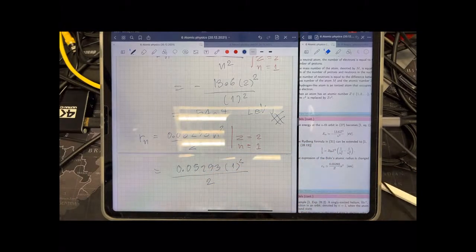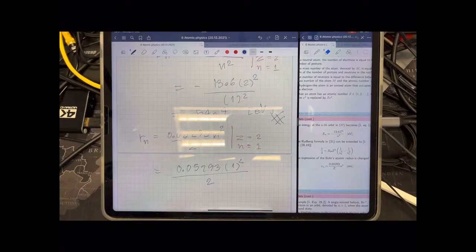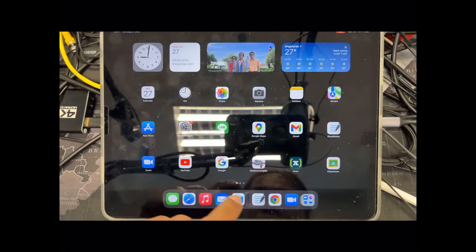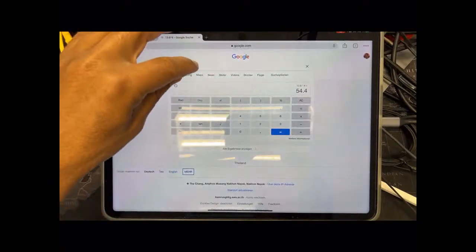So that's the number we're going to put into the calculator. 0.05293, I'm not sure whether it's correct or not.